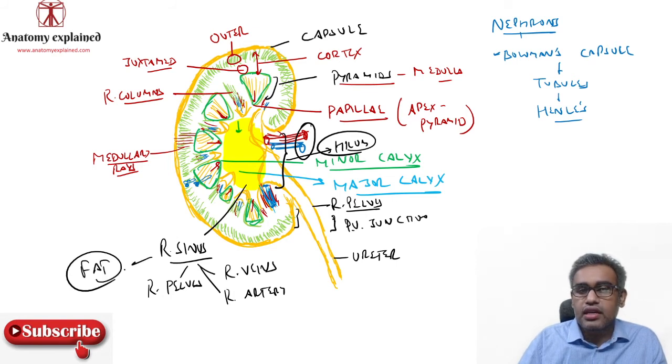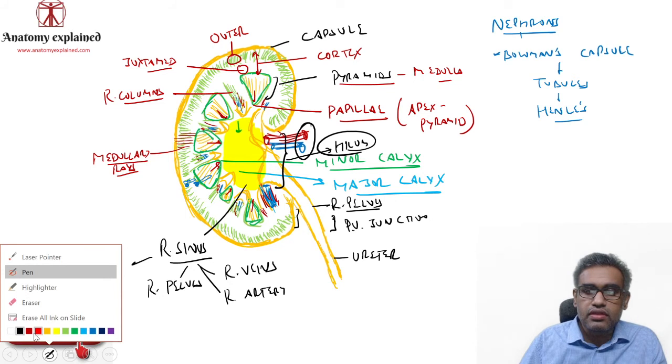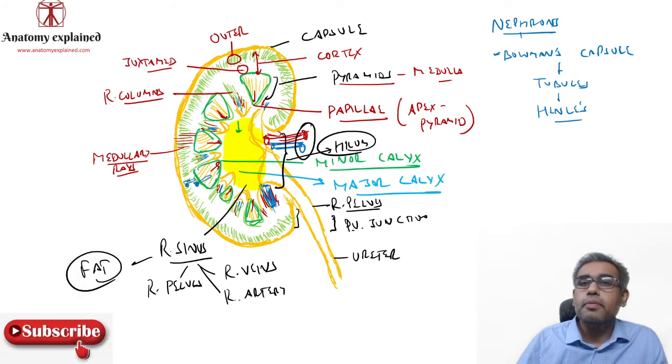So in the previous video we discussed the perinephric fat, which is just beneath the capsule, or just beneath the Gerota's fascia, and it would continue into the renal sinus. So I repeat again, this whole space is the renal sinus.